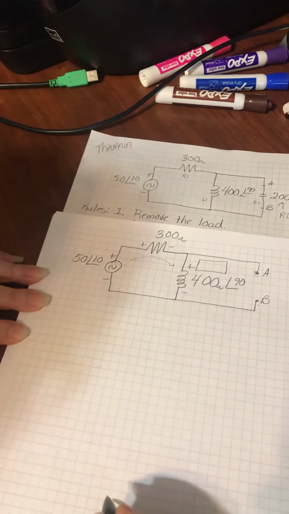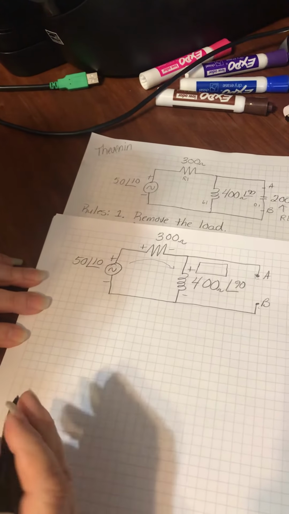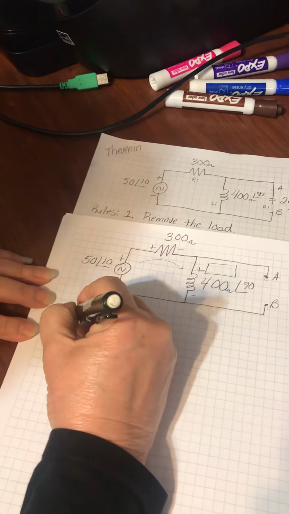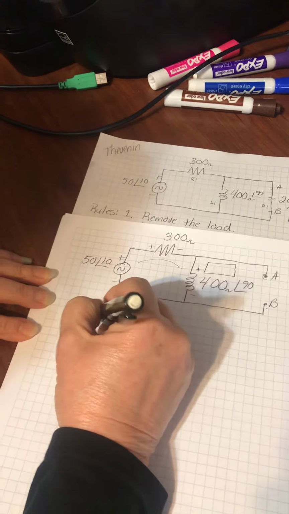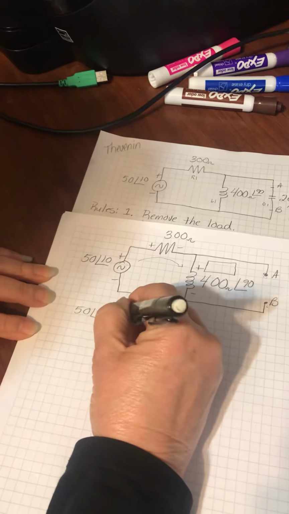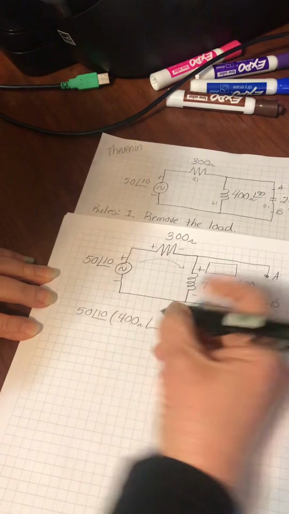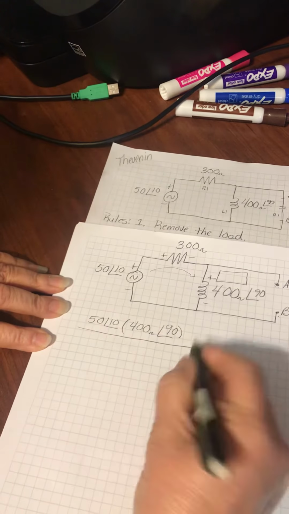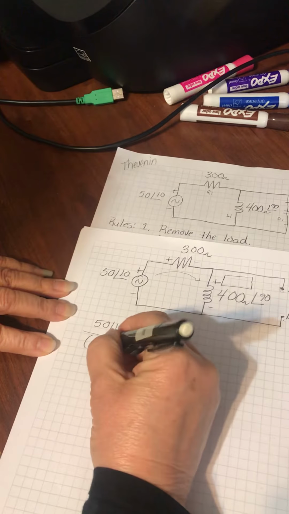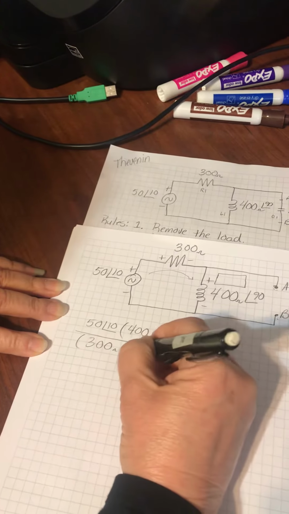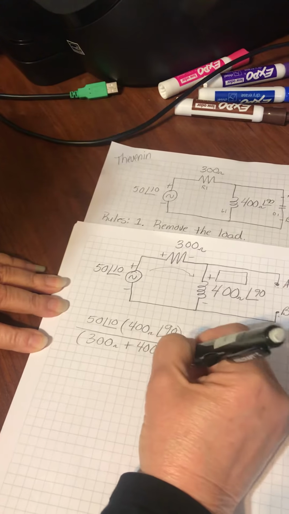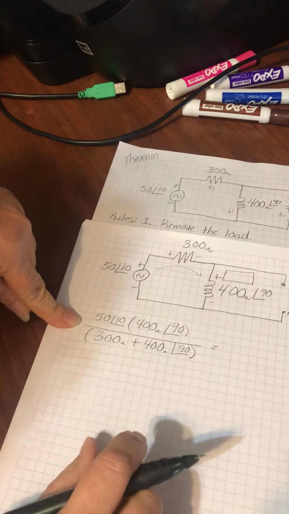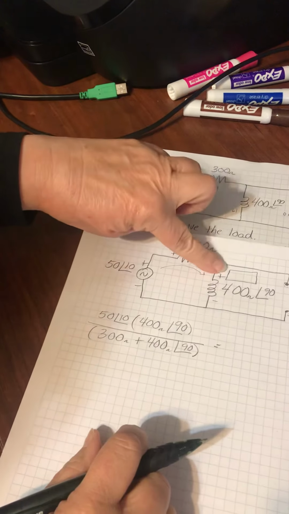So I'm going to use the voltage divider rule to get the voltage across the 400 ohm. So 50 volts at an angle of 10 times 400 ohms at an angle of 90, divided by both of them added together, 300 ohms plus 400 ohms at an angle of 90. This is the voltage divider rule, and this will give me the voltage across this 400 ohm.